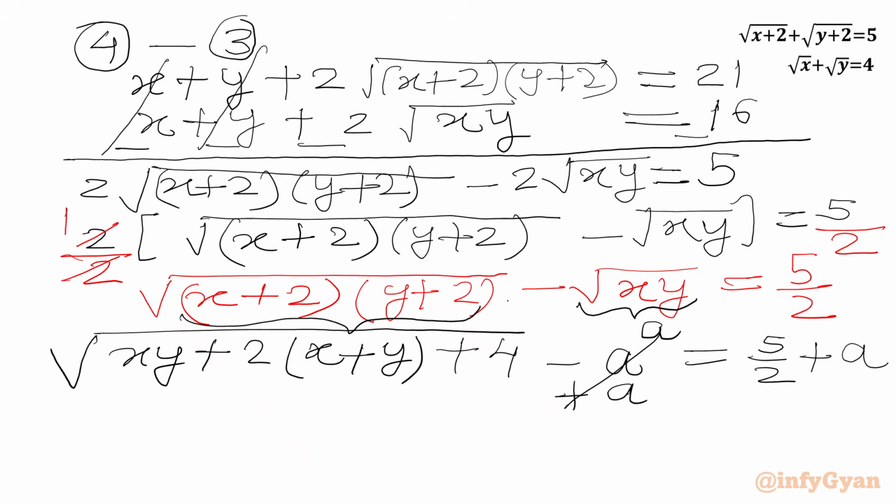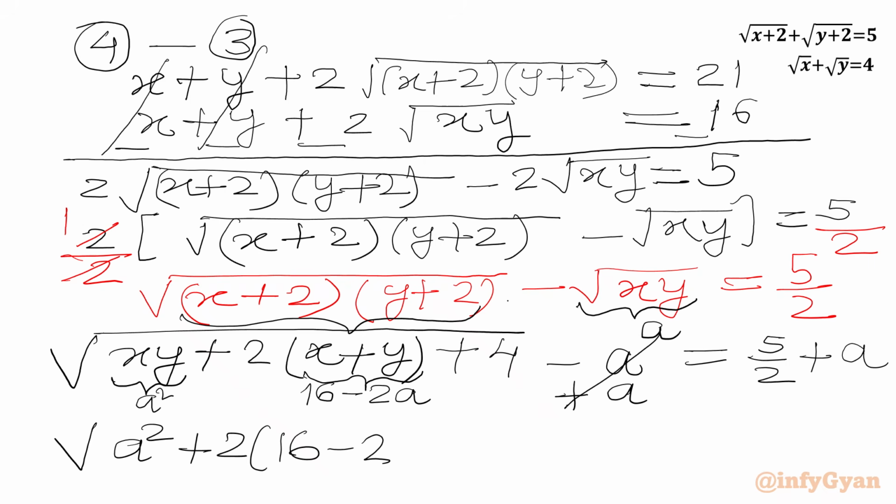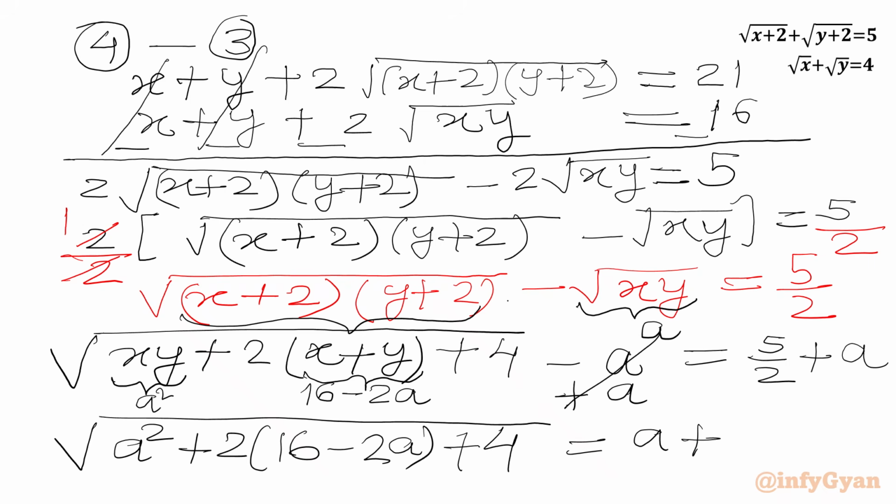Plus and minus a will get over. Here we can write this is a square, and x plus y, it is 16 minus 2a. So we will write square root of a square plus 2 times 16 minus 2a plus 4 equal to a plus 5 over 2, or 5 over 2 plus a.